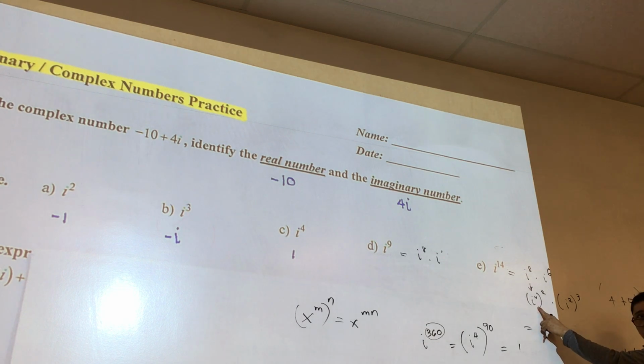But then what is i to the 4th? 1 squared. 1. What is i squared? Negative 1. What is negative 1 multiplied 3 times? Negative 1. All right? Just multiple ways of saying it. Okay? The bottom line is you need to know that the square root of negative 1 is i. All right?